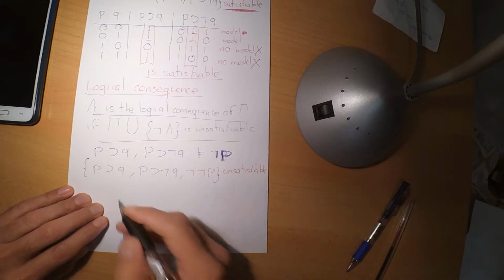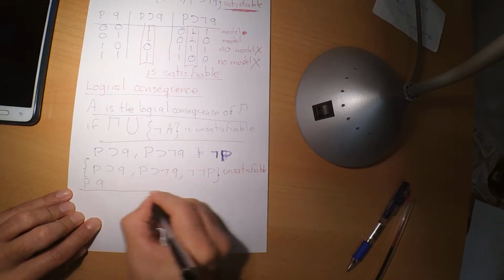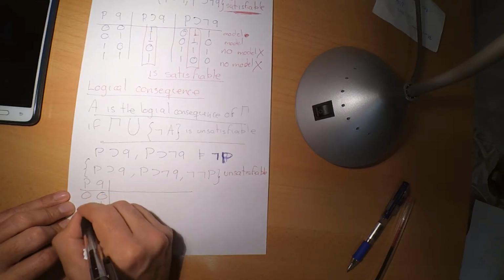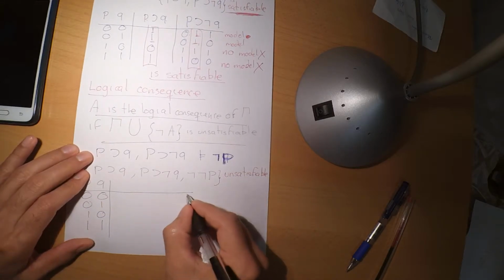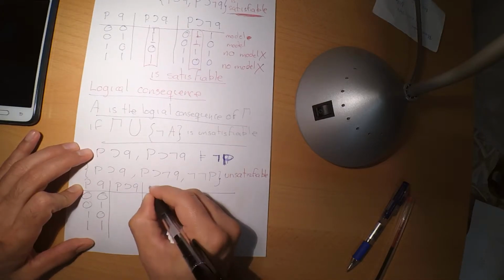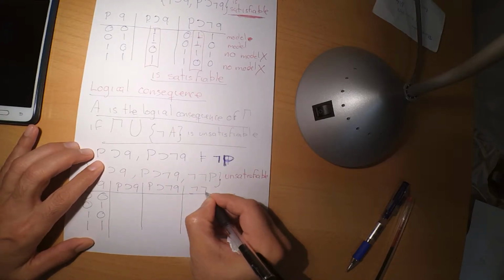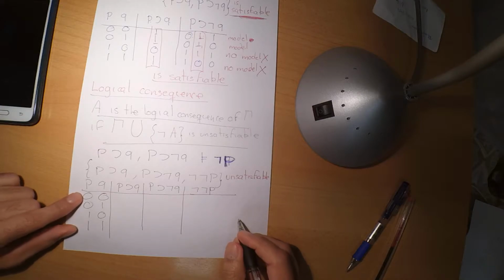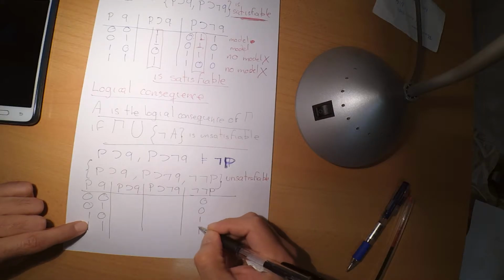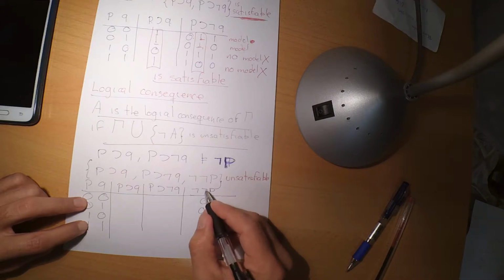And then we can do the truth table to prove it. P and Q, because we don't have more elements. We do the truth table 0, 1, 0, 1, 0, 0, 1, 1, and then the rest of the formulas: P implies Q, then P implies negation Q, and negation P. The negation P is going to be 0, 0, 1, 1. I don't need to give you more information because it's just contradicting this.